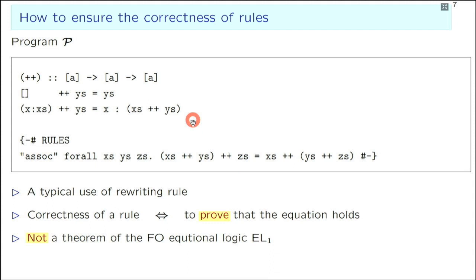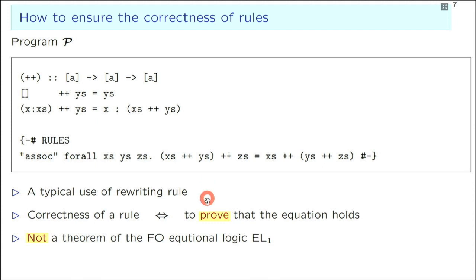In this case, correctness of the rule is nothing but proving that this equation holds under the assumption of this program, considered as equational axioms. But in this case, logically, this is not a theorem of first-order equational logic.